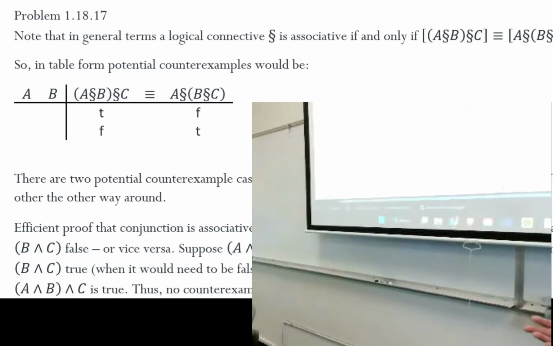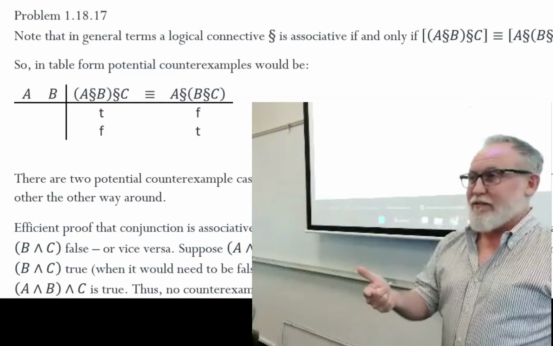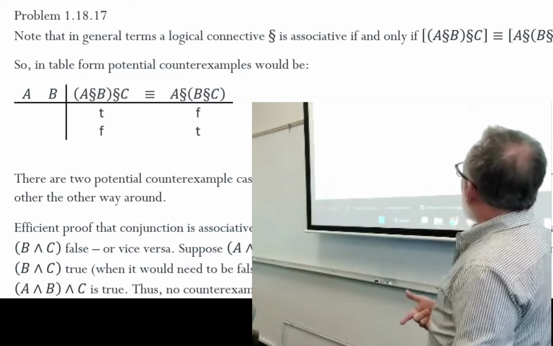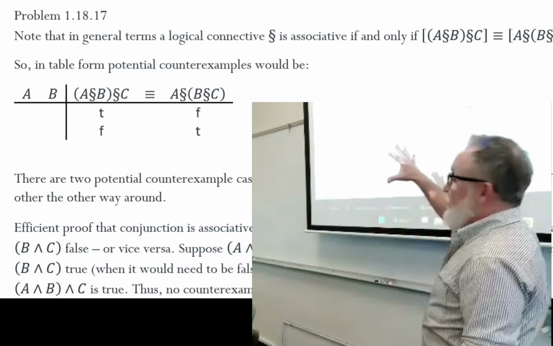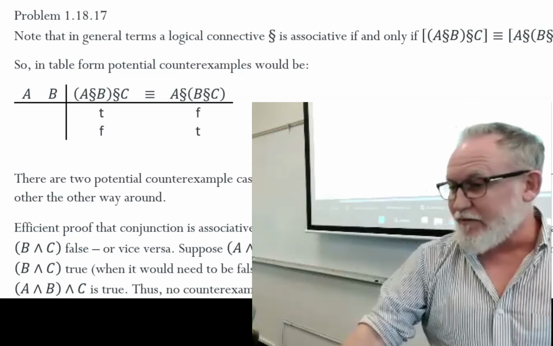All right, so then this comes up like in problem 17, because the definition of associativity is really a definition that involves logical equivalence, right? And so a counterexample in kind of truth table form, we don't know what A and B would be here, right?